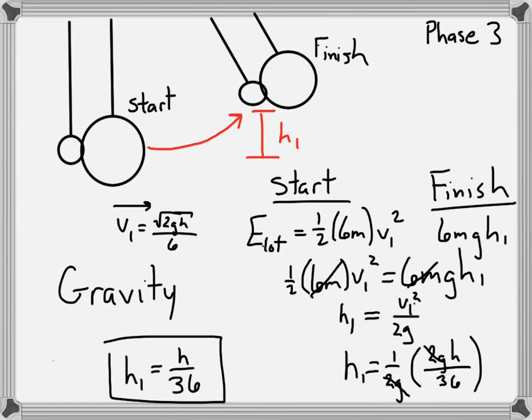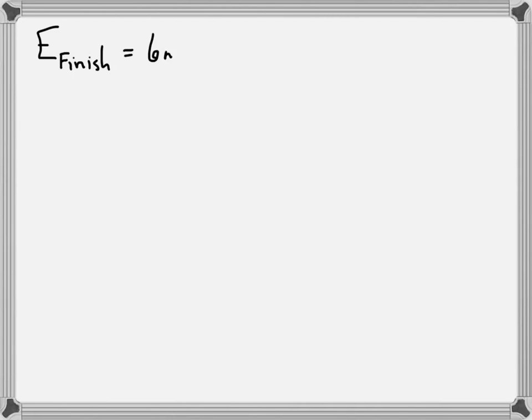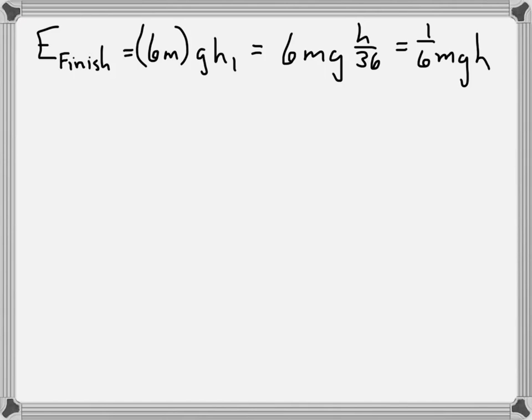And then if we go to part C, it's asking how much energy was lost in this collision. So what we want to do is take the energy that it finished off with, which is the potential energy of the blob when it's at its maximum height. So it's 6mgh1. Plug in this expression for h1, which we just figured out in the last slide.